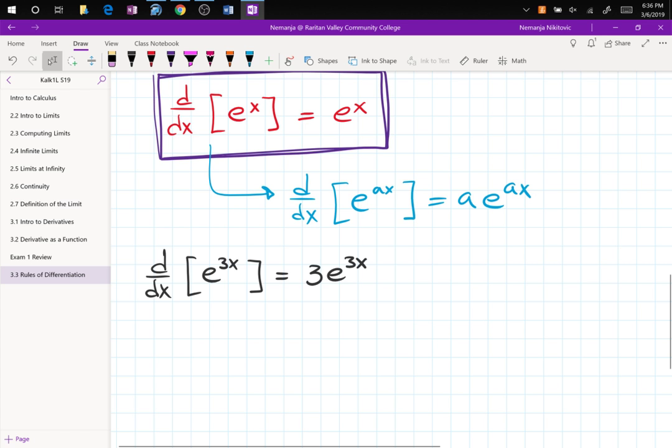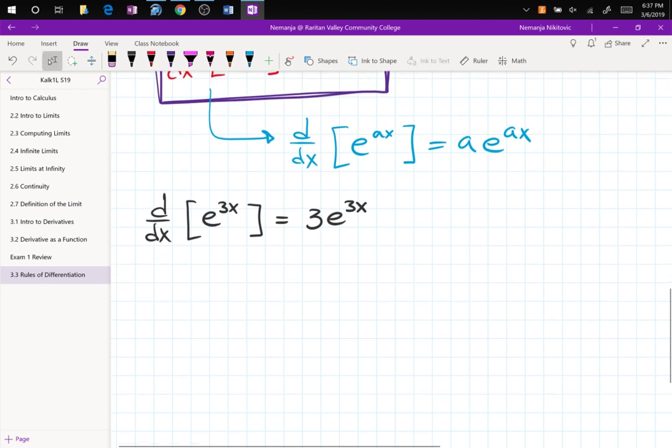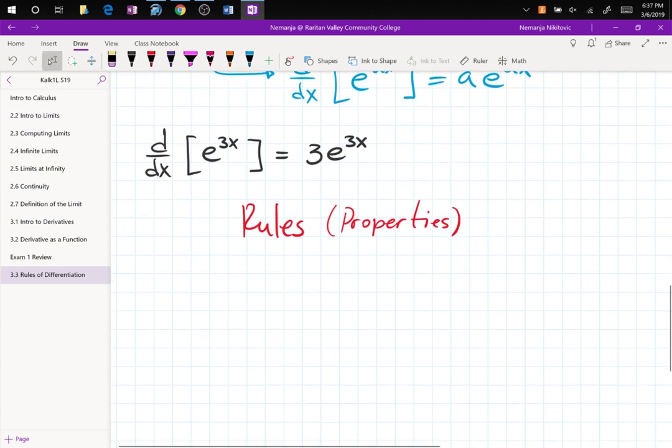So we have all of those. Now we have something special, and these are rules. Properties, whatever. And we have 3 of those.